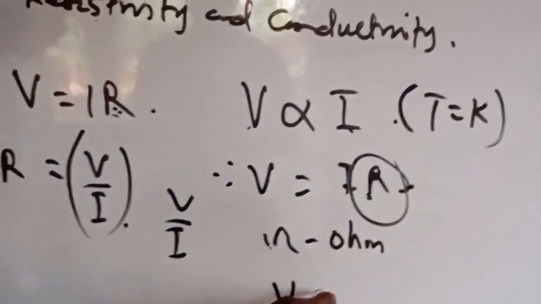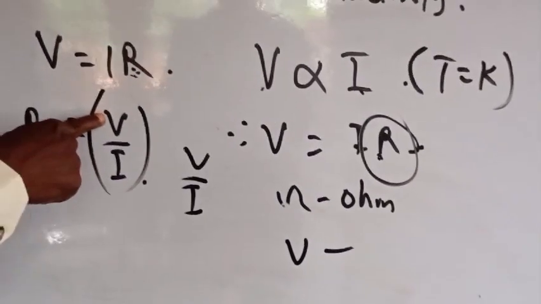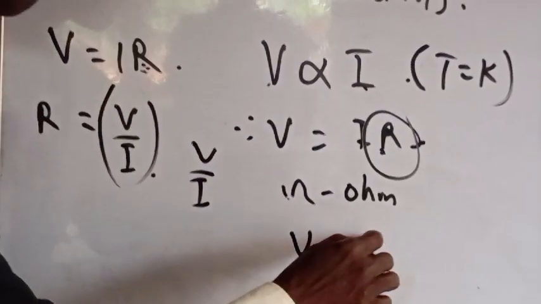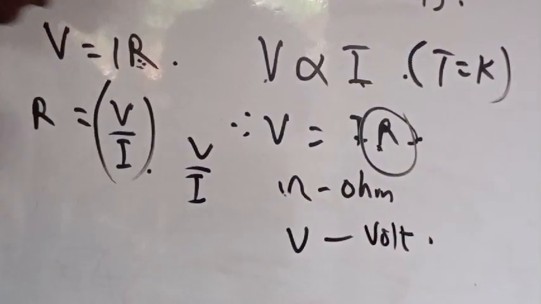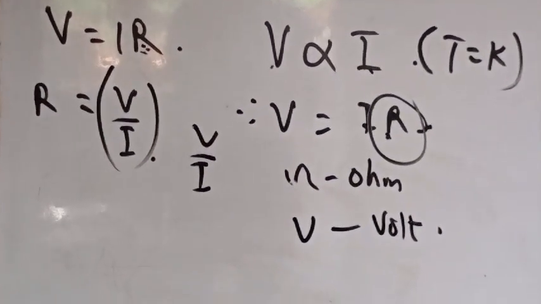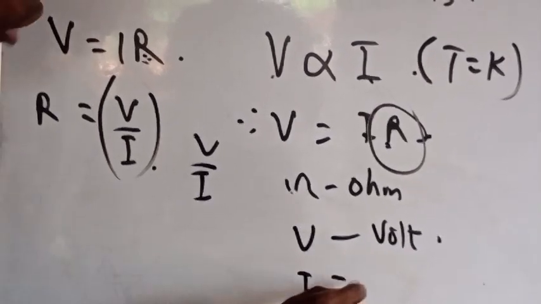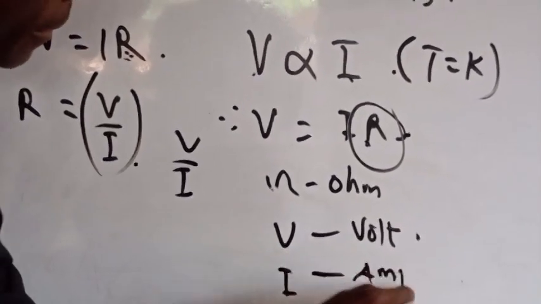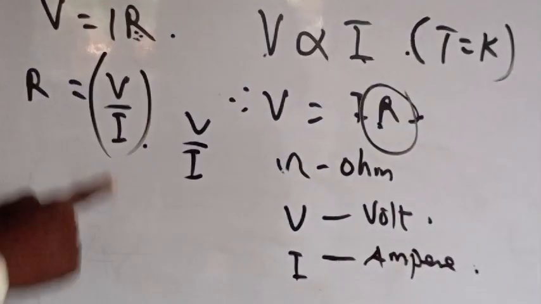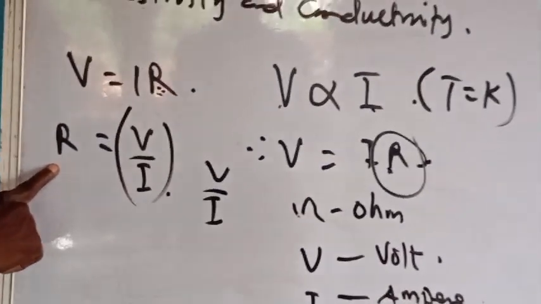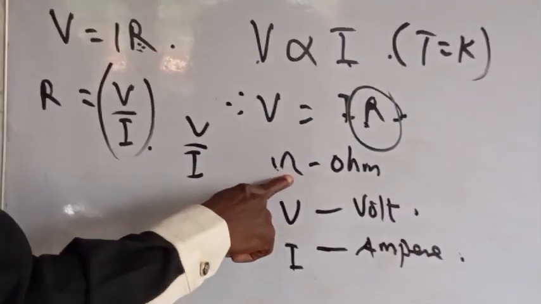V there is the voltage, the potential difference, and its unit is the volt. You all know that the unit of current is the ampere. So when we say resistance, we said it's in ohms. And what is an ohm?